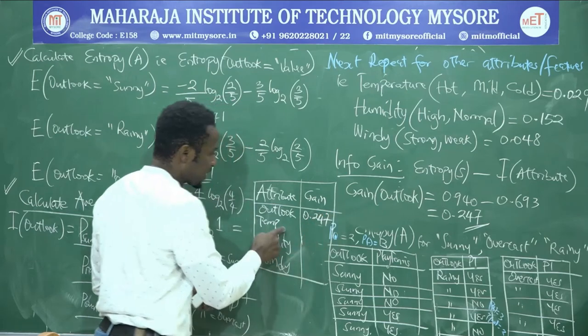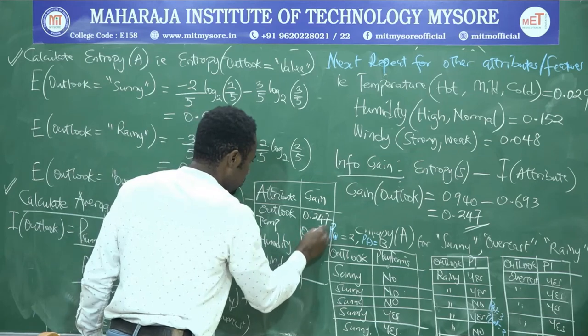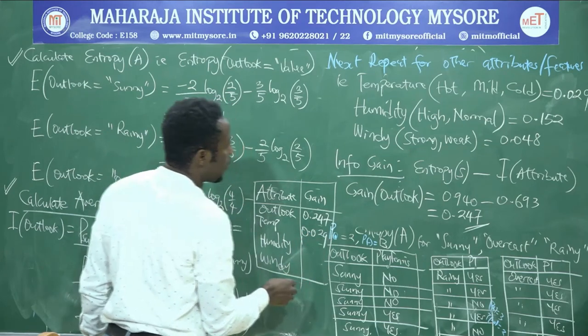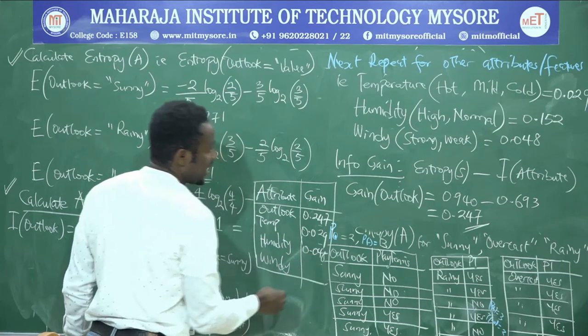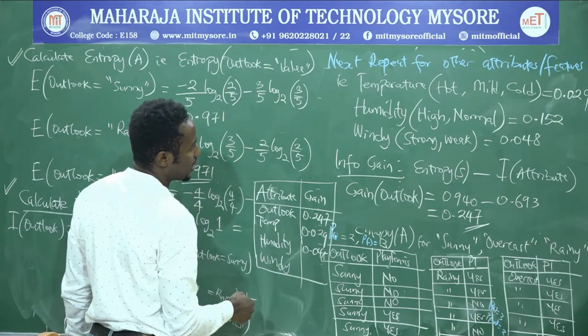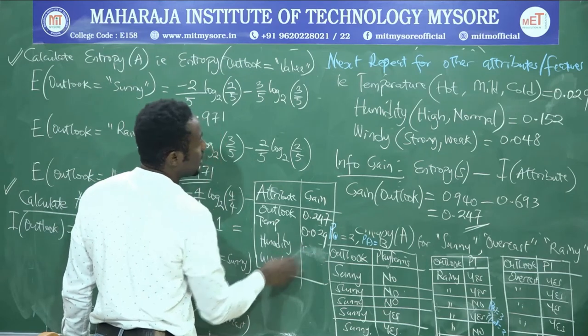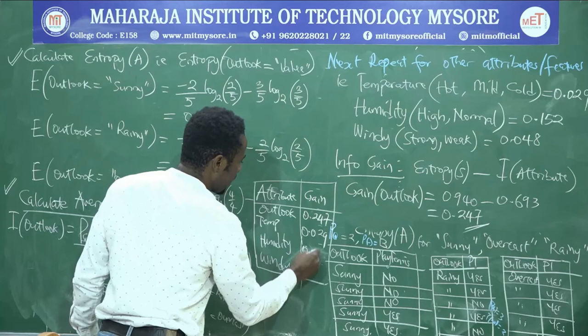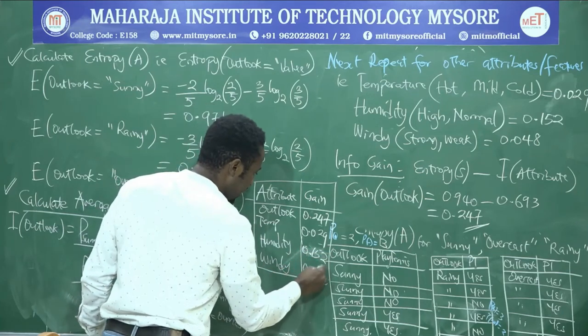Next, temperature, 0.029. Next, windy, 0.048. And lastly, humidity, 0.152.